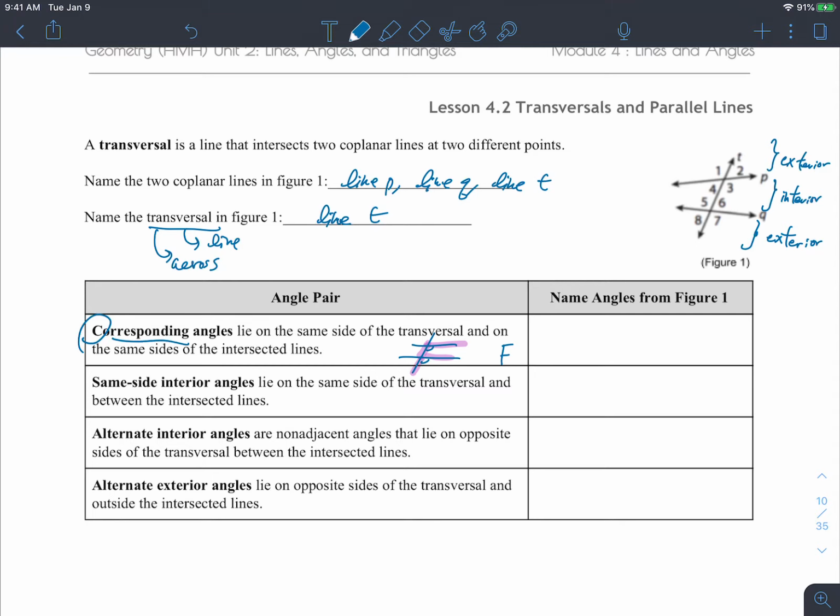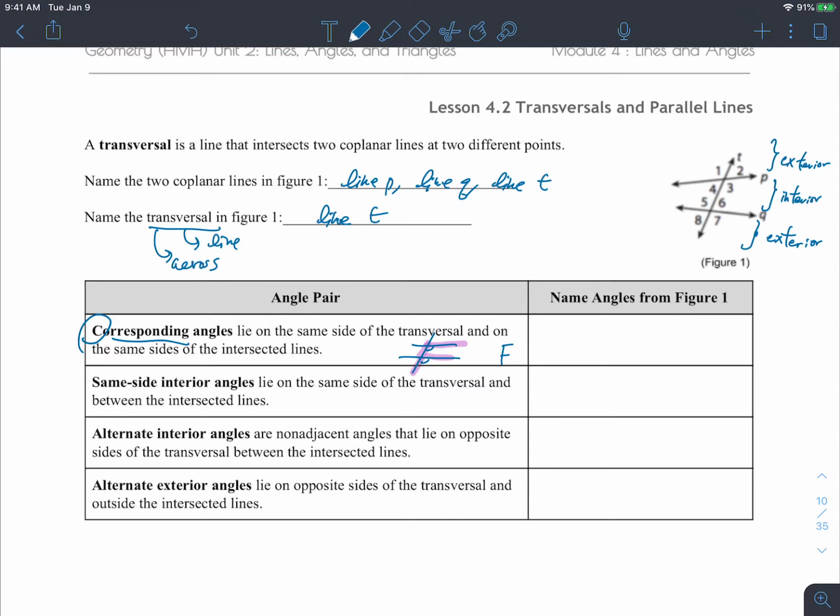Co-respond is responding in the same way. So if you have angles like here, you got 1, 2, 3, 4, and then here you got 5, 6, 7, 8, in clockwise fashion, like this. So for example, angle 1 is top left, and angle 5 is also top left of the intersection, isn't it? Right, that's the way you look at it.